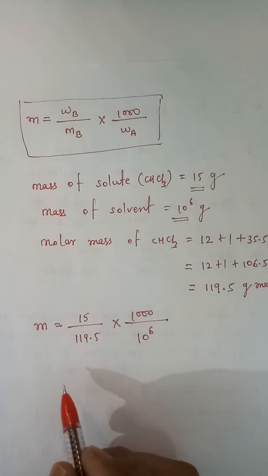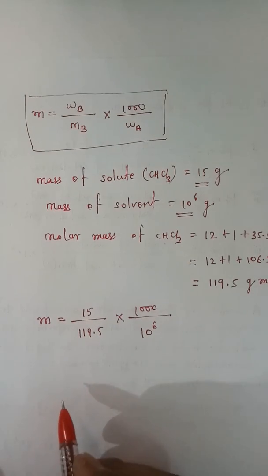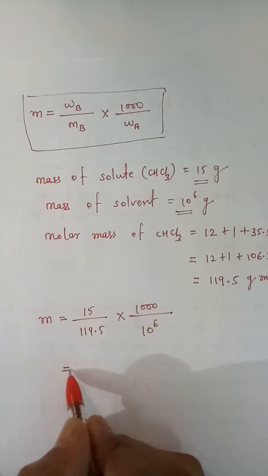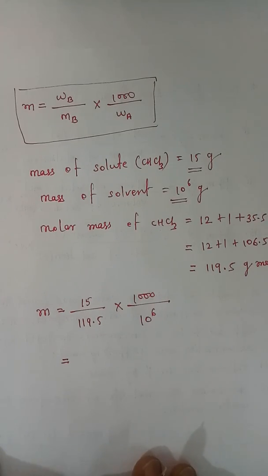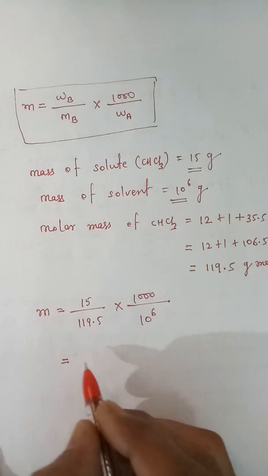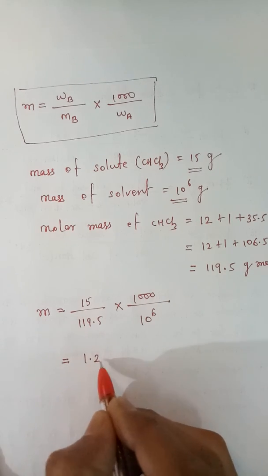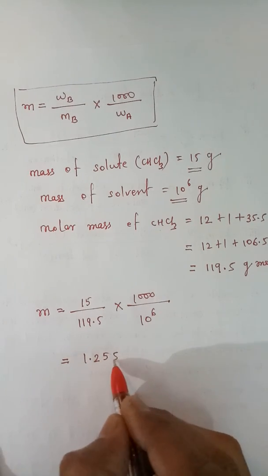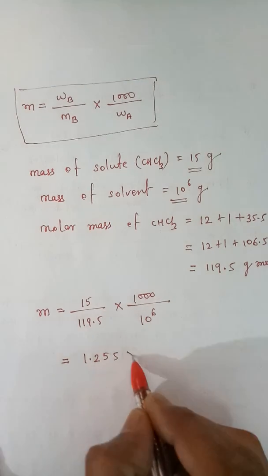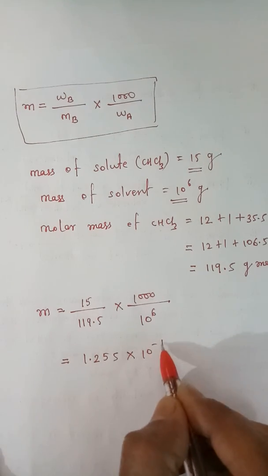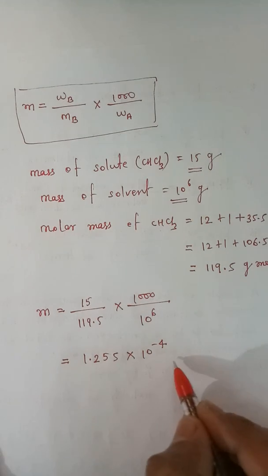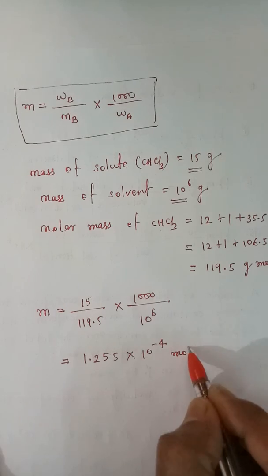Now we can solve it. We can calculate it, and we get the answer 1.255 into 10 to the power minus 4 mole per kg.